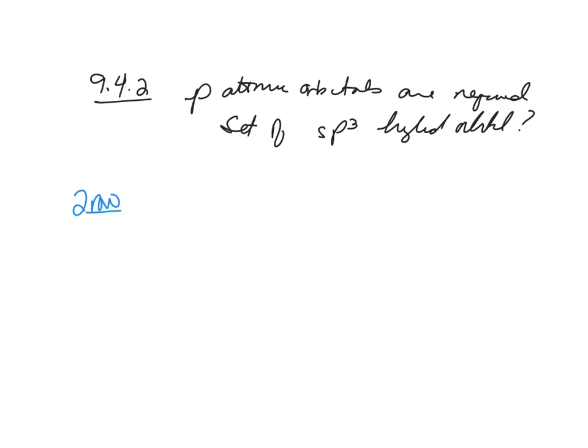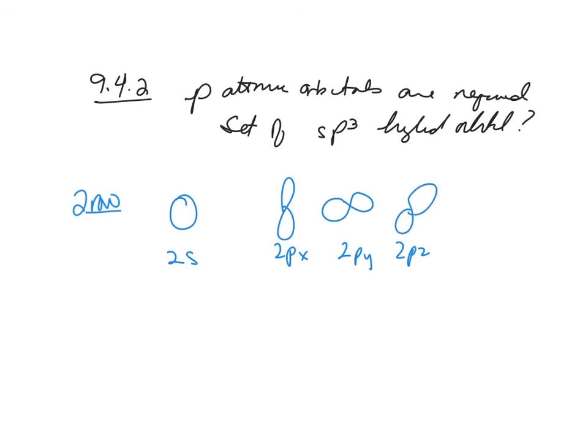Row 2, you have a 2s, a 2px, a 2py, and a 2pz. Now it's asking how many p atomic orbitals are required to generate a set of sp3. So you're going to have to combine one s, 1p, 1p, 1p. You're going to have to combine the s and that one and that one and this one, and you're going to have new shapes, and those new shapes are going to be an sp3.